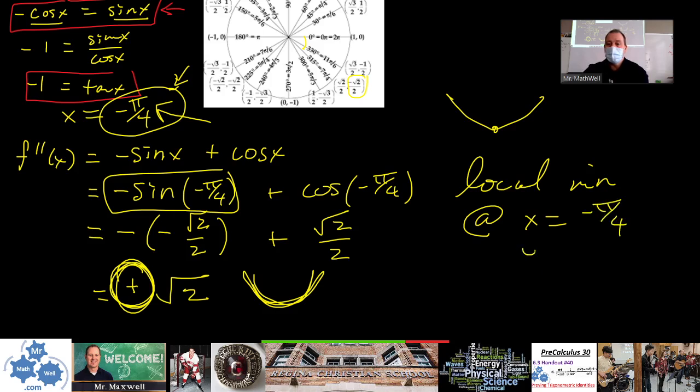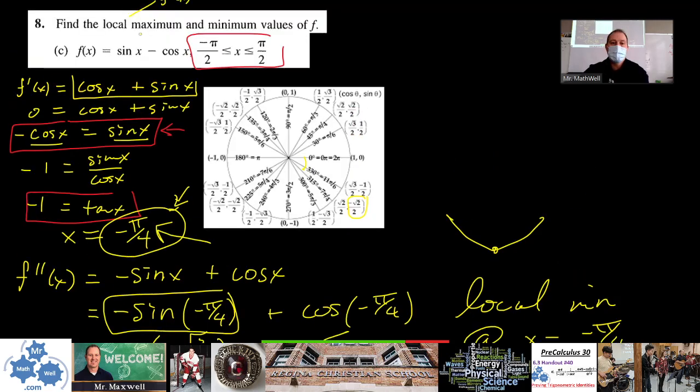And if they want the y value, then you have to put negative pi over 4 into the original function, okay? And we can do that. So the y value is going to be sine of negative pi over 4, which is negative root 2 over 2, minus cos of negative pi over 4, which is positive root 2 over 2.